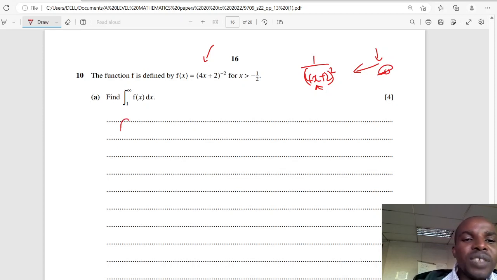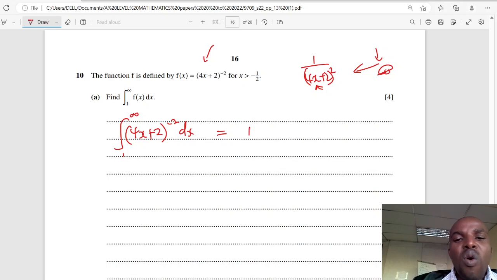So you say here, integral of 4x plus 2, the power minus 2, then dx, infinity and 1. So it will be equals to, you say, 1 over minus 2 plus 1 times the derivative of what is inside the bracket, which is 4. You differentiate inside the bracket.